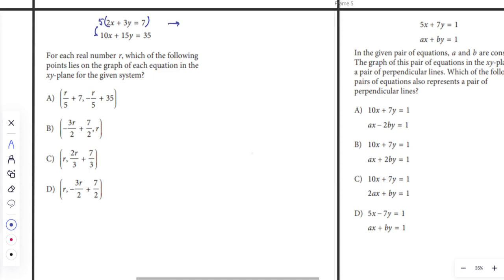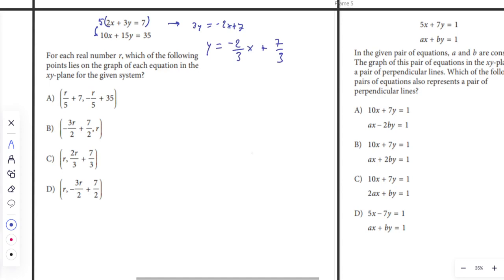And I'm going to try to get it into y equals mx plus b form to make it a little bit easier for us to analyze. So this one would be 3y equals negative 2x plus 7, which I can also divide by 3 to get y equals negative 2 thirds x plus 7 thirds.